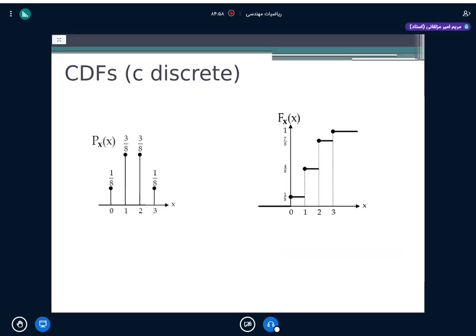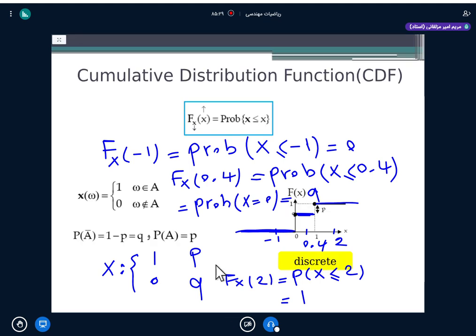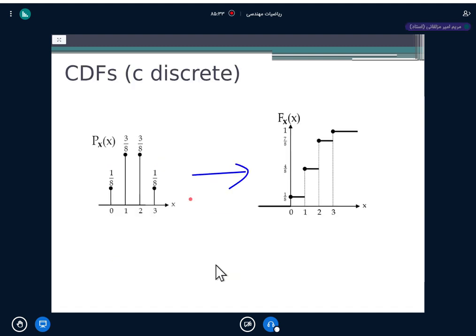Let's go ahead. Now, in this slide, we have another example. We have a random variable x whose PMF is like this. What is its CDF? Its CDF is this. You can simply compute the CDF at different points in the way that I explained in the previous example.